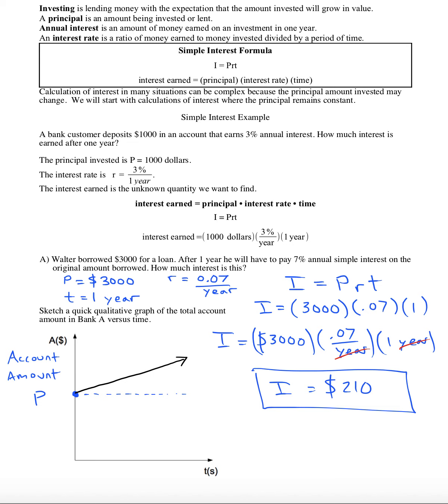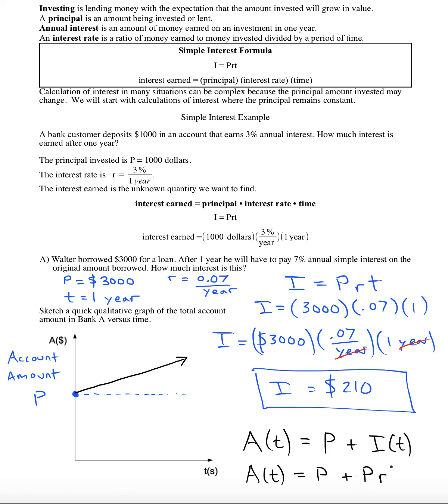Now, what type of formula does this account have? Here's the formula. A is a function of time, and it equals a principal plus the interest earned as a function of time. If we plug in the interest formula, you'll get this.